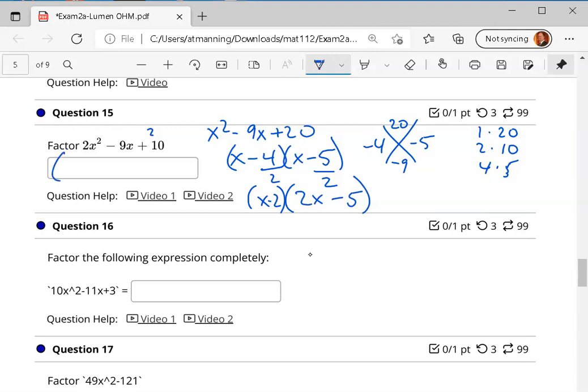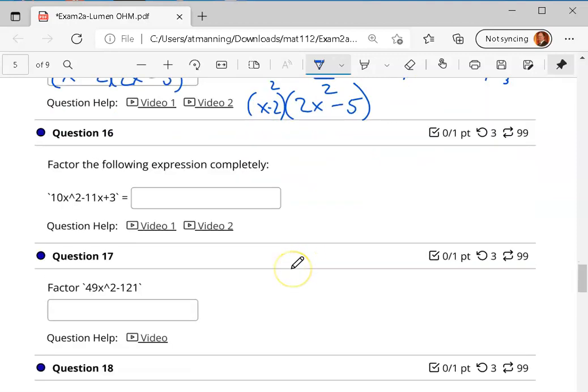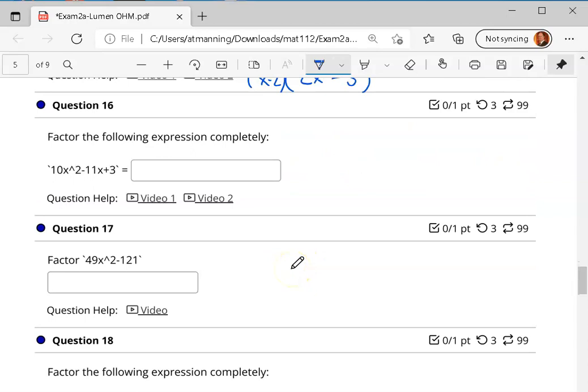So that factors out to be x minus 2 times 2x minus 5. Do that again. It looks like it's another slide and divide here. Let's just work it through.